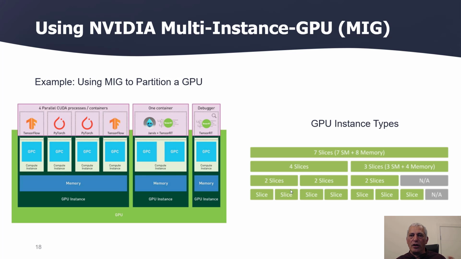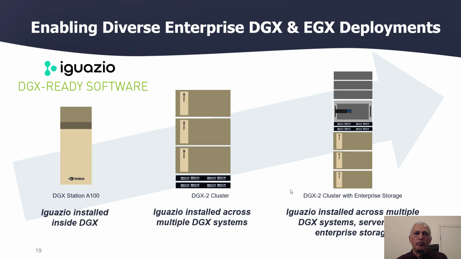Sometimes you can run a workload on half a GPU or a quarter of a GPU and so on. So this is just an example of how you can use MIG, essentially partition the GPU into different instances, and then have different applications run on top of those different instances. And this is also supported on Kubernetes, etc.